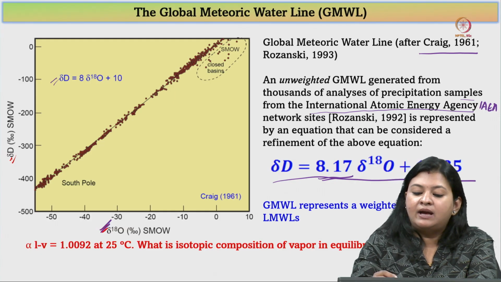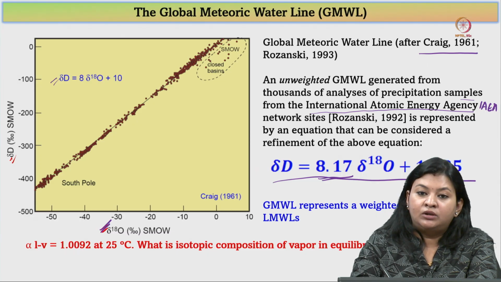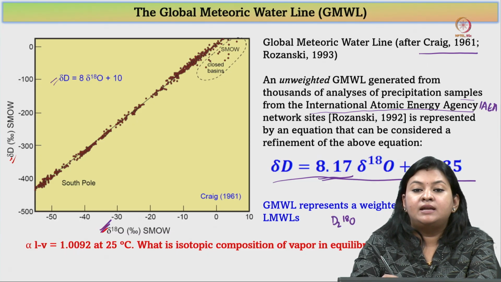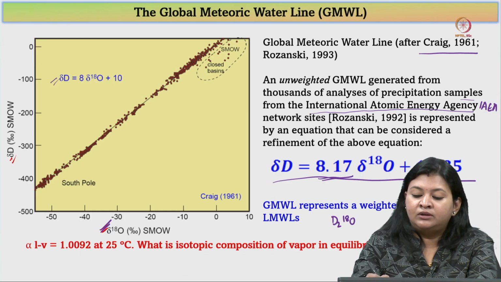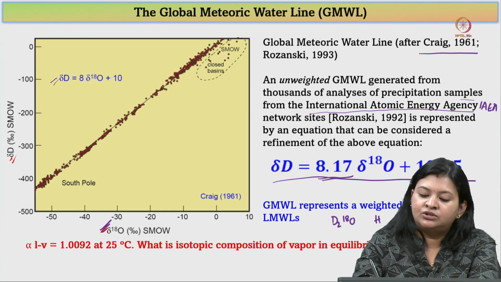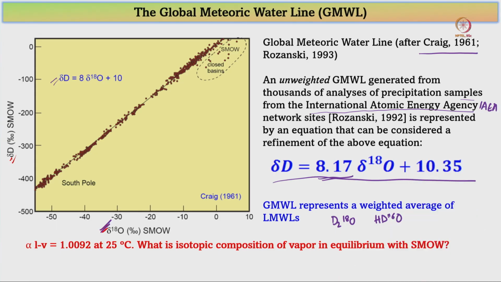You can have a water molecule that is D₂¹⁸O, a water molecule which is HD¹⁶O, and another molecule which is HD¹⁸O.